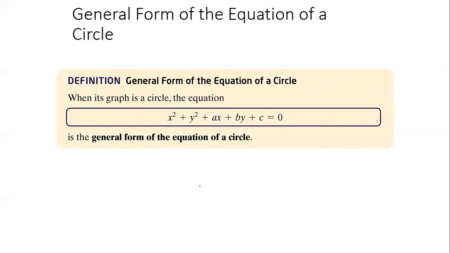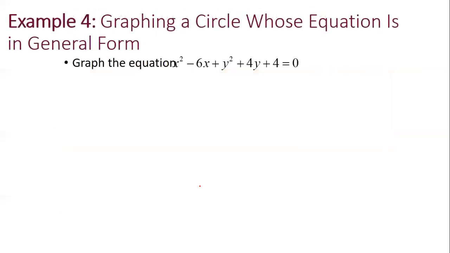Okay. So again, if this is something you can't recall, should this be something you write down on your note card? Probably so. Again, we have x squared plus y squared plus ax plus by plus c equals 0. So here we have our general equation.